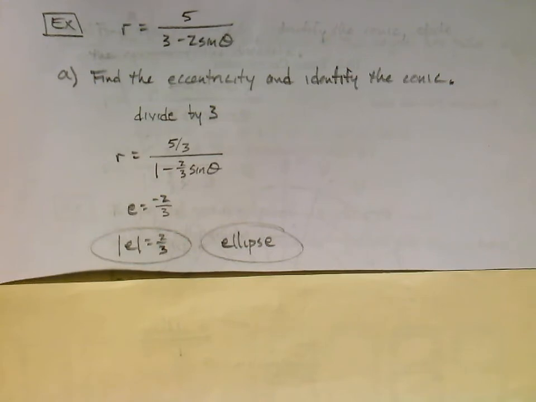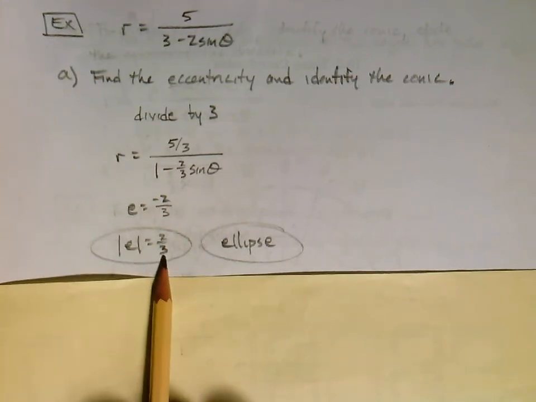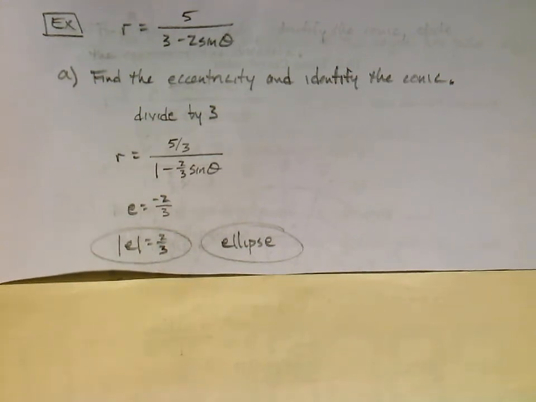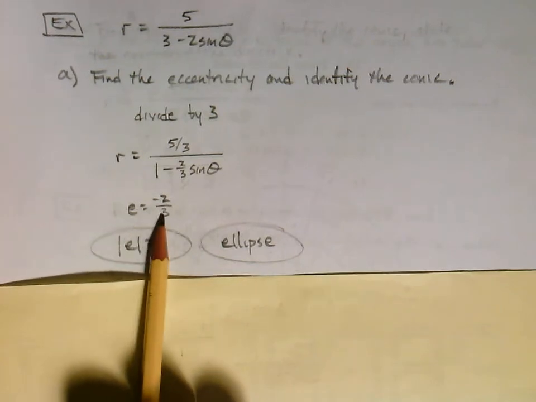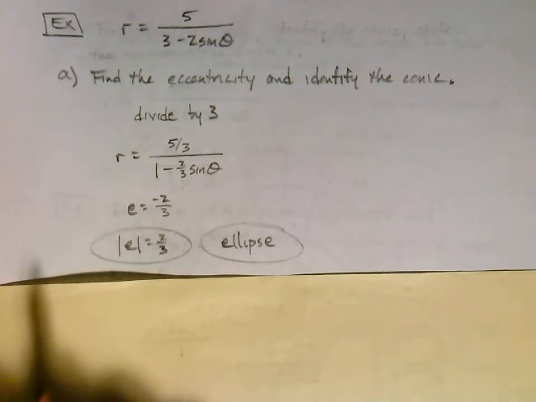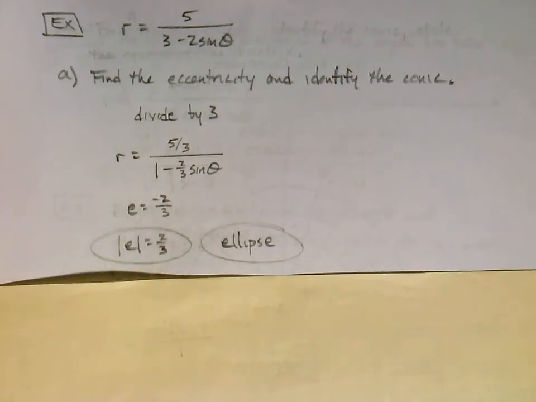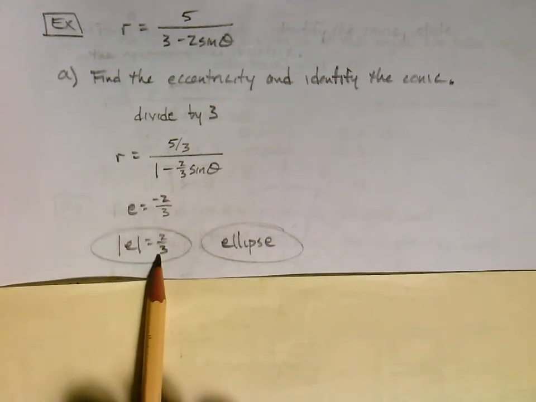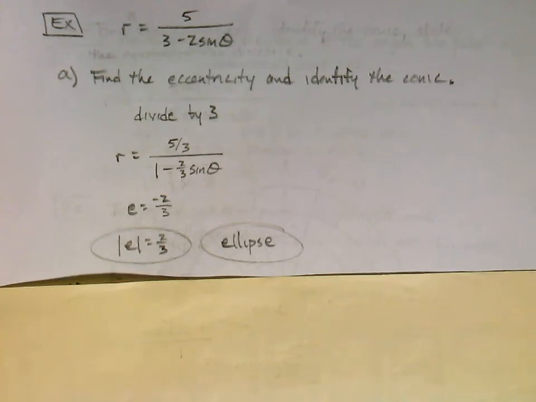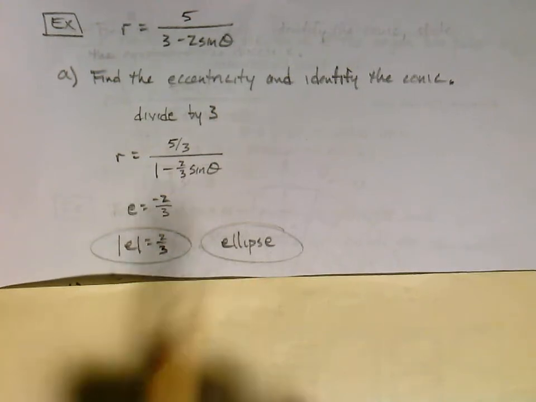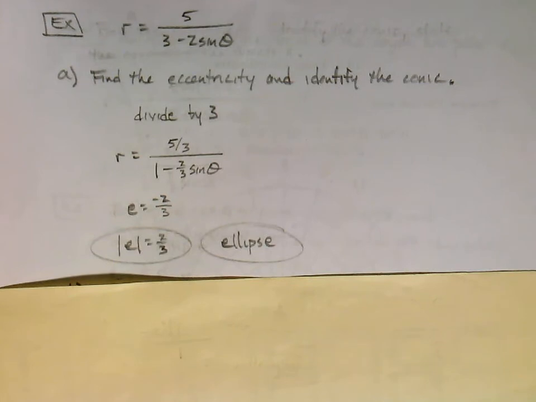So the eccentricity, I take the absolute value, is positive 2/3. Now it's important to recognize e as negative 2/3 for when we have to find the directrix, the value of d. We take the absolute value of that. That's the eccentricity. And we got a number less than 1, so we know that that is an ellipse.